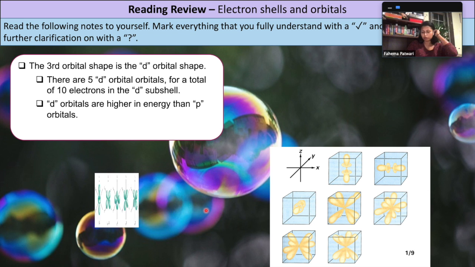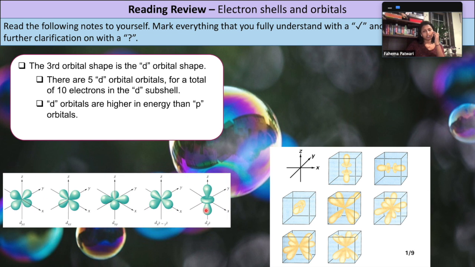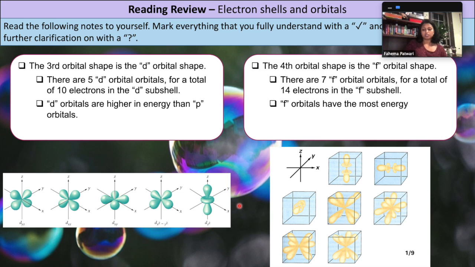So the third orbital shape, slightly higher in energy than p, is this, the d orbitals. They have a variety of shapes. You do not need to know them. You just need to know that there are 5 of them, and they are higher in energy than p orbitals. Similarly, the fourth orbital shape is the f orbital. There are 7 of them. You do not need to know the shape. You know they can carry a total of 14 electrons because each orbital can carry 2.